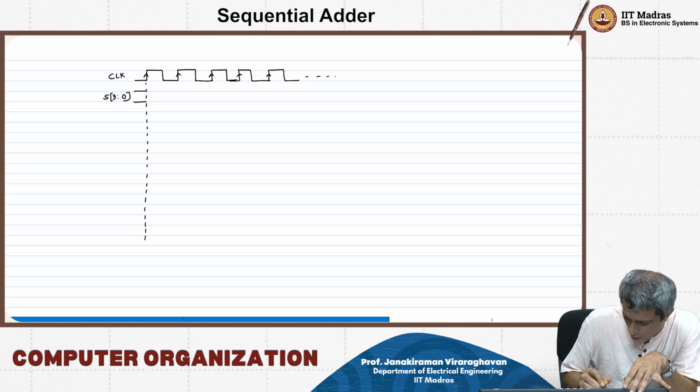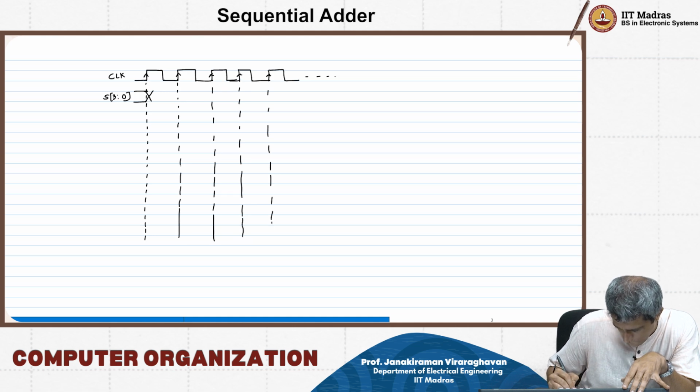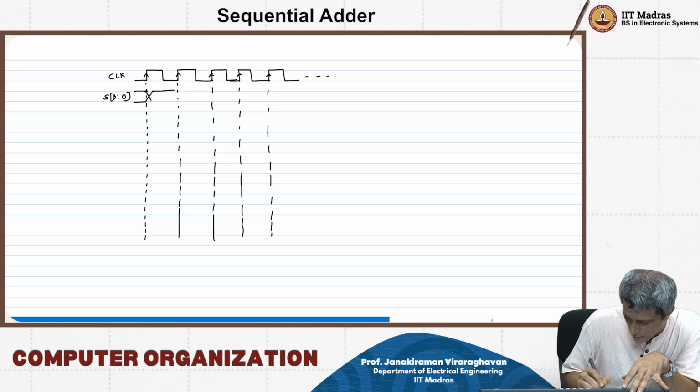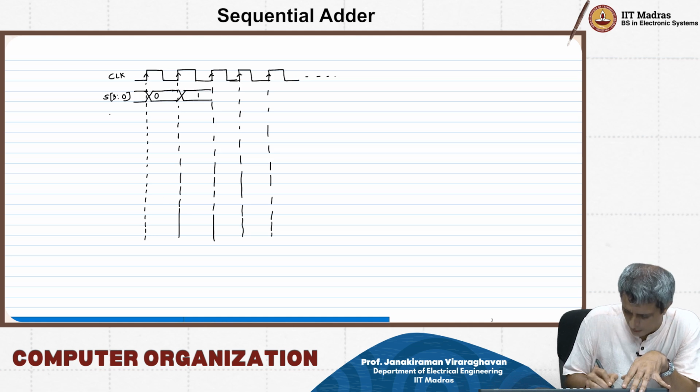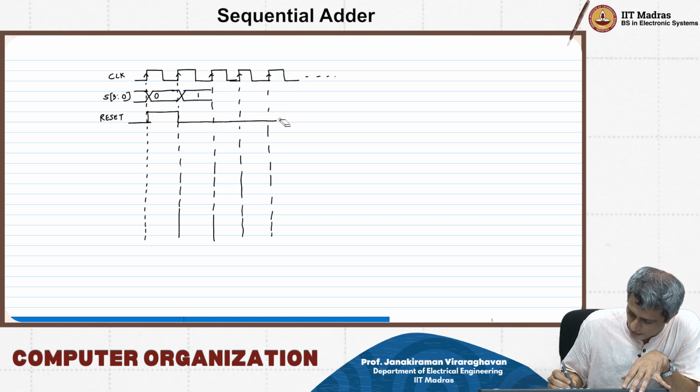I will not worry about the delays at this point. This is going to start with all zeros, and this is my reset signal. What will happen? You will have reset going high like this and then staying low for 15 other cycles.